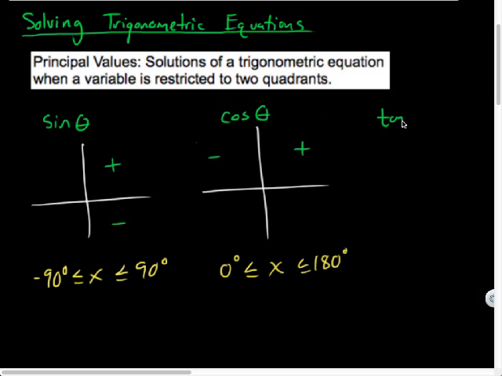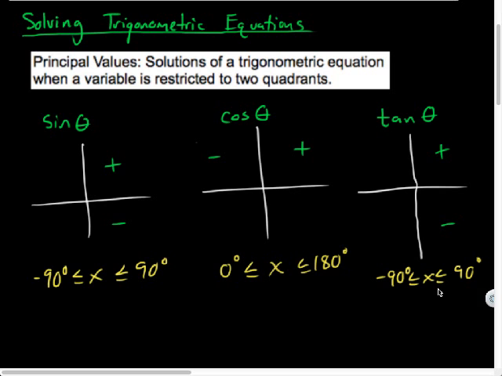And then lastly, tangent. I suppose their reciprocals would land in these quadrants as well. If I refer to the principal values of tangent, it refers to the first and the fourth quadrants, just like sine. So tangent and sine have the same interval here: negative 90 less than or equal to x less than or equal to 90.